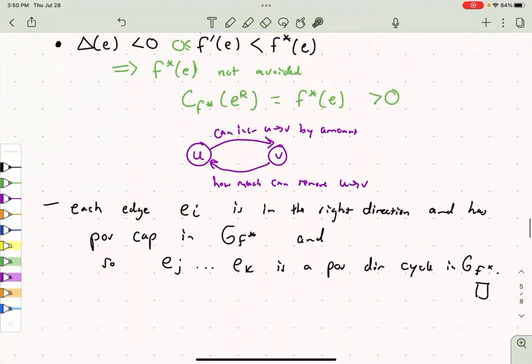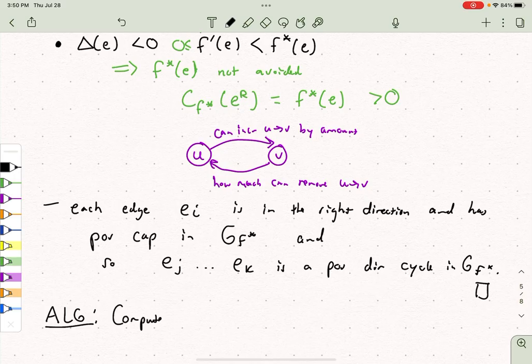So at the end, what's our algorithm? Well, if we're given f star, we just compute G of f star and run DFS with cycle detection, or whatever search with cycle detection.